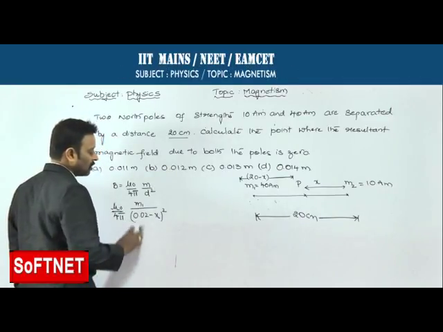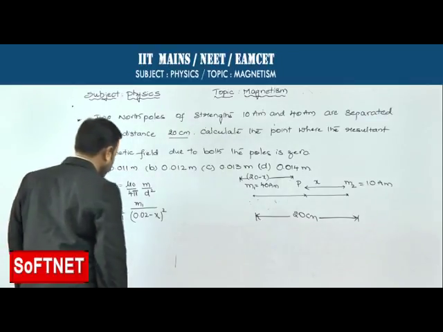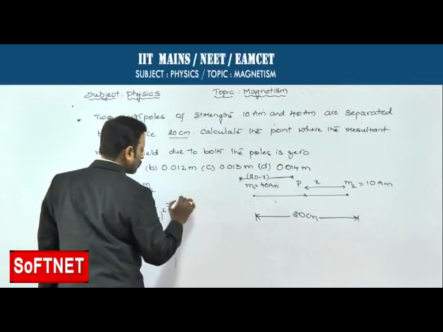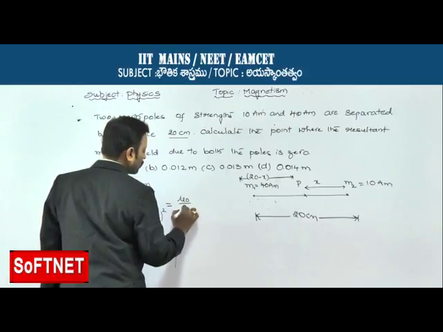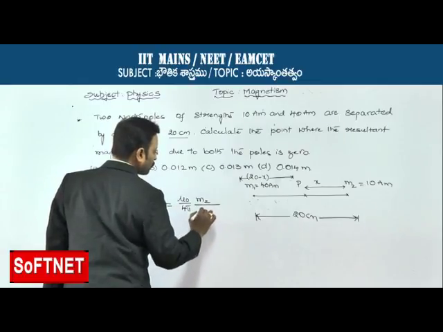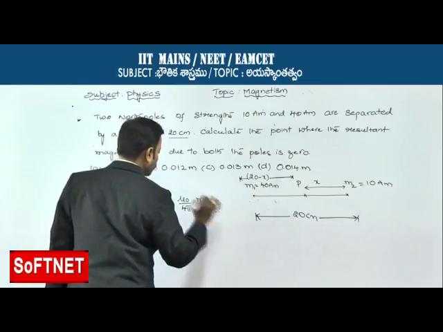You can see here 0.02 minus x whole square is equal to the second one, mu naught by 4 pi into M2 by x square.